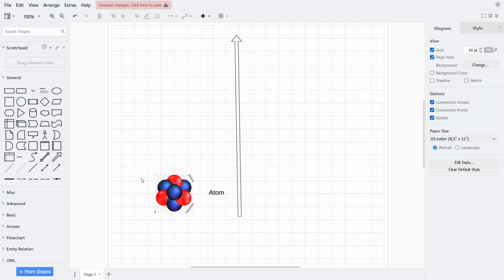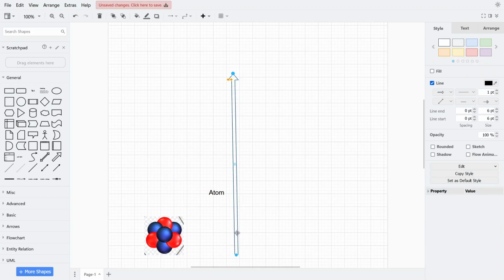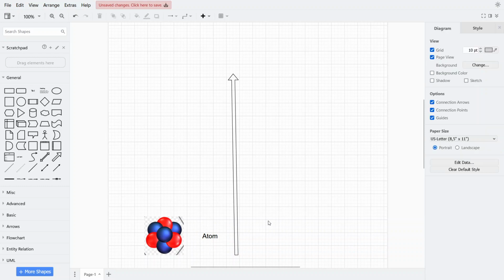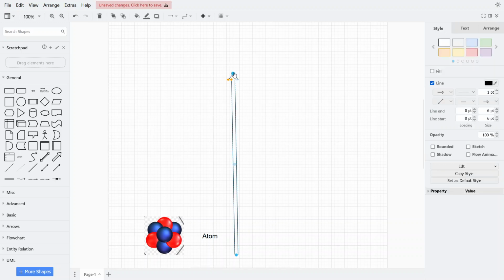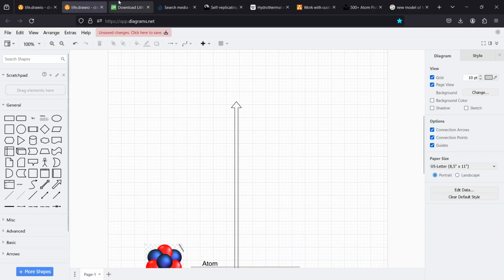Okay, so we'll start with the atom as the basic building block of everything we see in the universe right now. You know, there's dark matter and stuff like that, but we won't get into that.